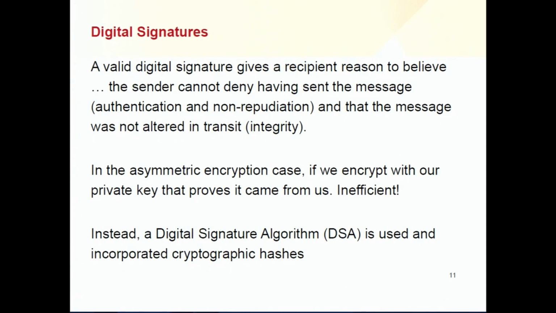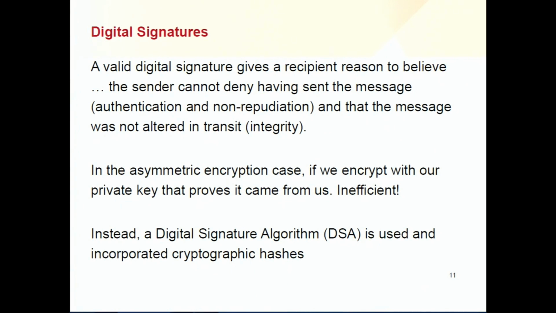So I encrypt the message with my private key, and then with her public key. When she gets it, she uses her private key to unwrap the first layer, and then uses my public key to unwrap the second layer. That way, not only is the message secret, but she knows it came from me, because I'm the only one who could have encrypted it with my private key. So that's one way of signing.